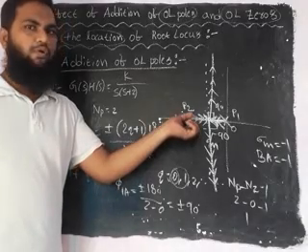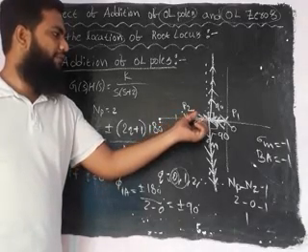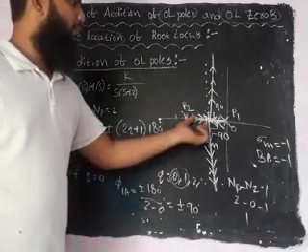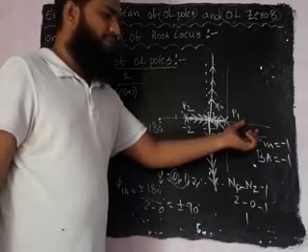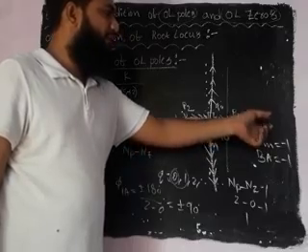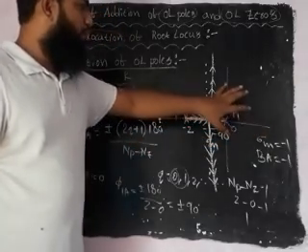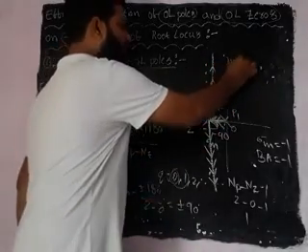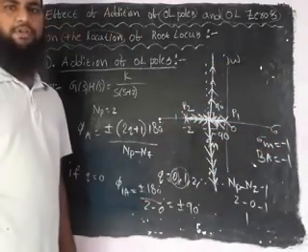Suppose the poles are on the left half of the S-plane, then we say the system is stable. Suppose the roots are on the right half of the S-plane, the system is unstable. Suppose the roots are on the imaginary axis, the system is marginally stable. We know this from the Routh case.